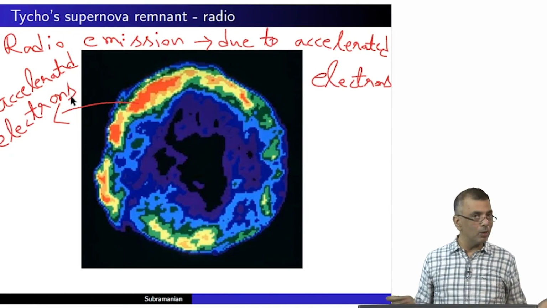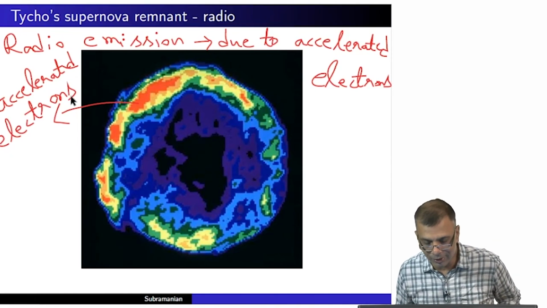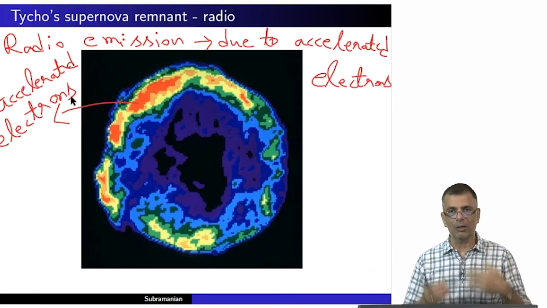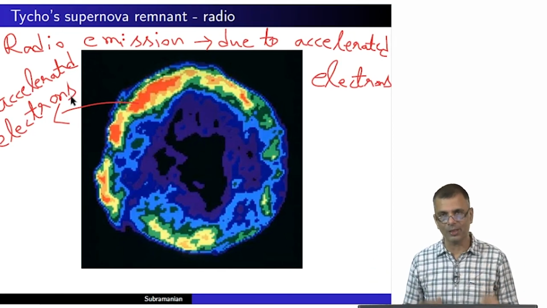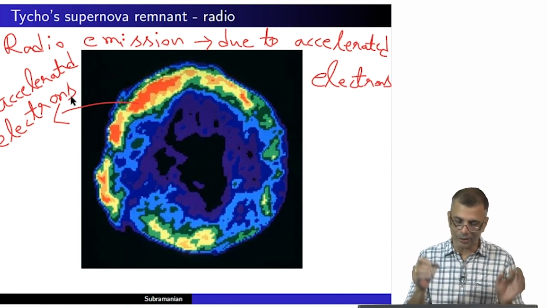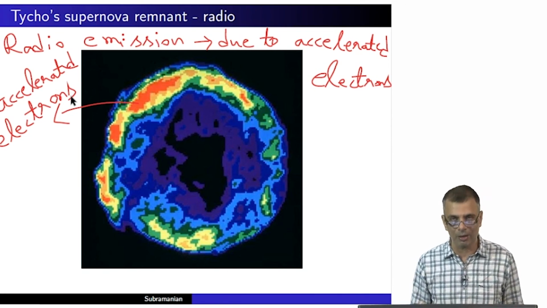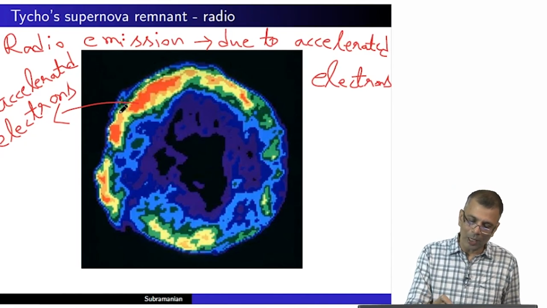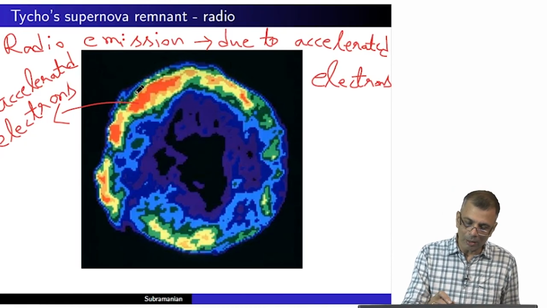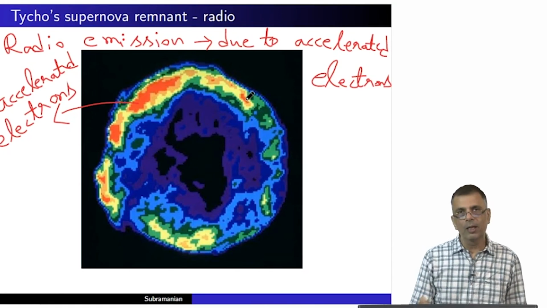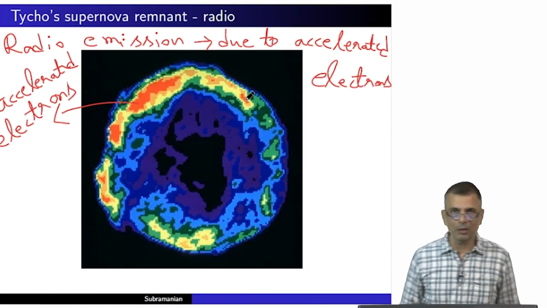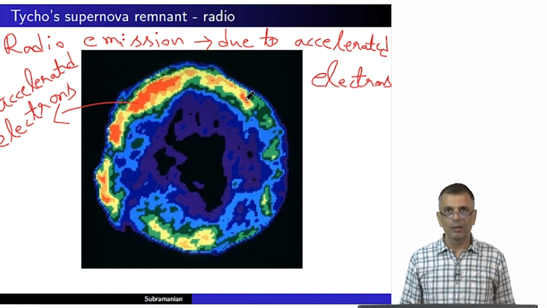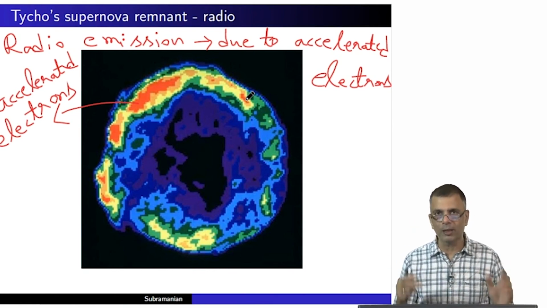Okay, and what are good agents for accelerating electrons? Shocks. Hence our whole basis for discussing this. This is a very strong piece of evidence to conjecture that this spherical front is most likely an expanding spherical shock.